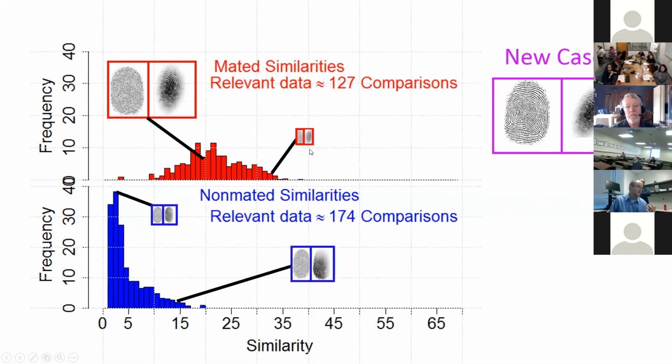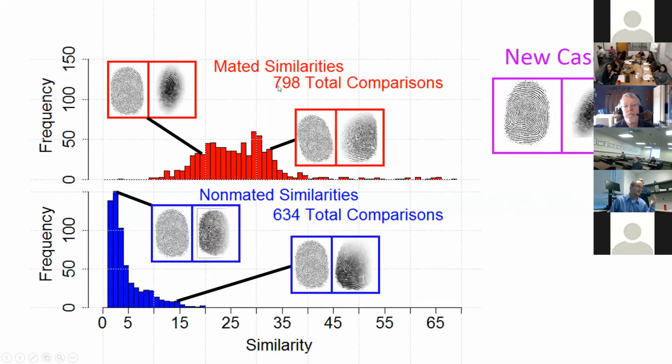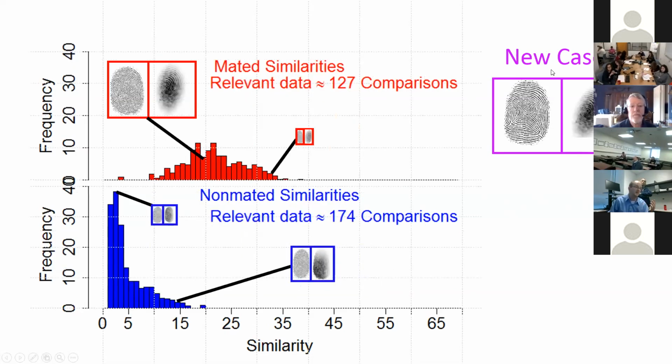And this changes how much information we have about the performance of the method. So under this cartoon characterization, we went from having 798 total comparisons to, for this particular case at hand, having roughly the equivalent of about 127 comparisons, because some of the comparisons in our reference database aren't fully relevant to the case at hand.